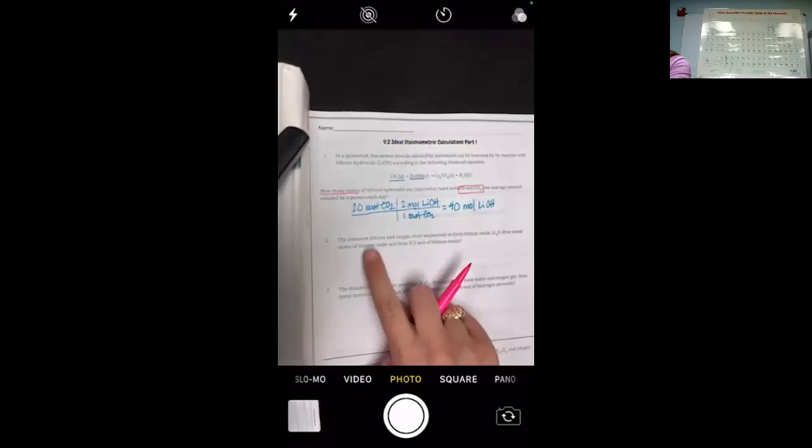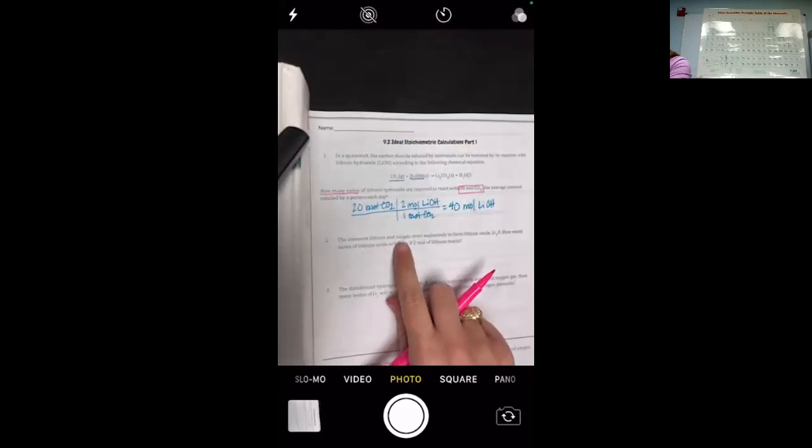So these first ones, we did this with 9.1, and I think you've done some of these. I know the homework was a lot of like molar mass conversions, which we'll need today as well, but these are the simplest type of equation. It's pretty straightforward. So when lithium and oxygen react, we can make lithium oxide, which is Li2O.